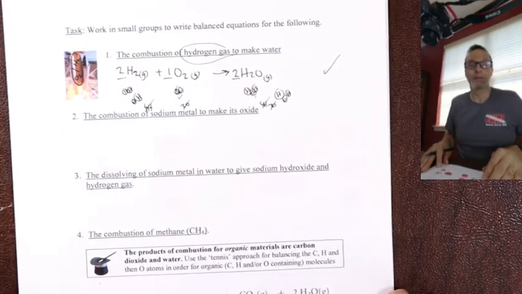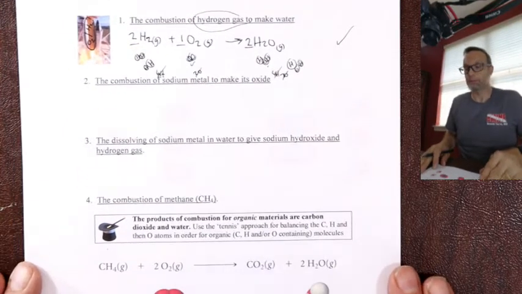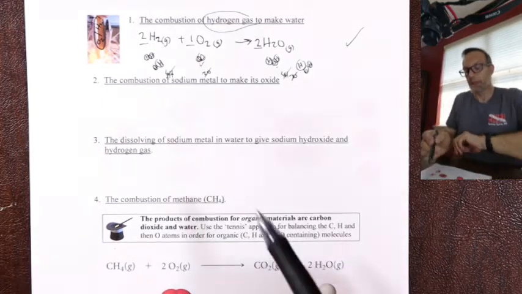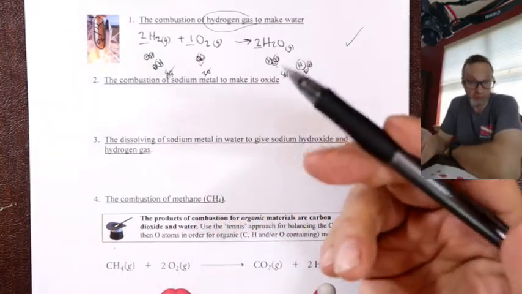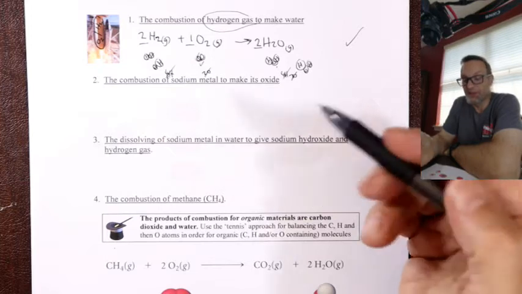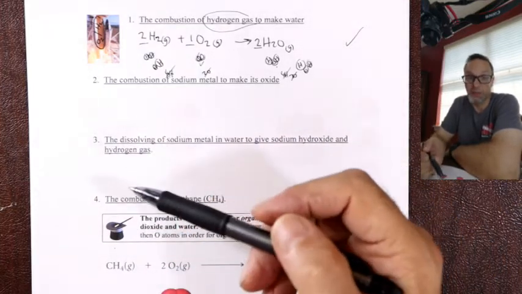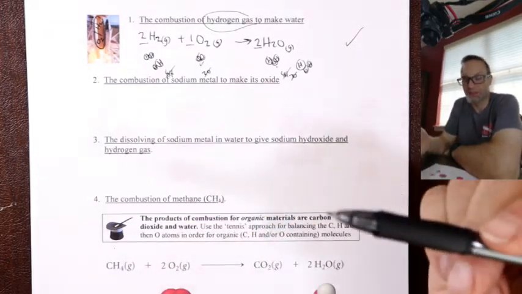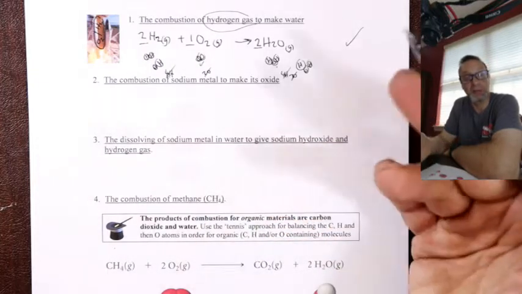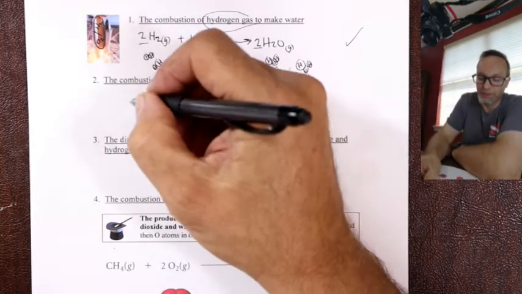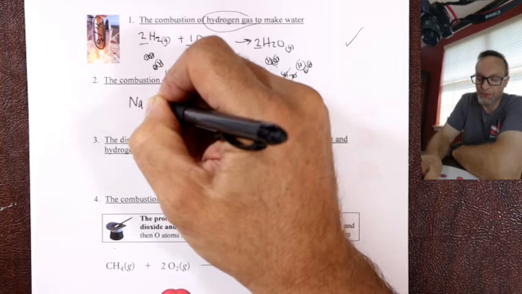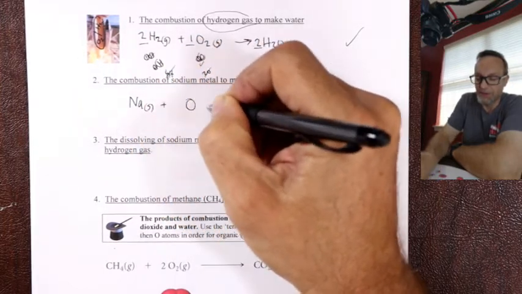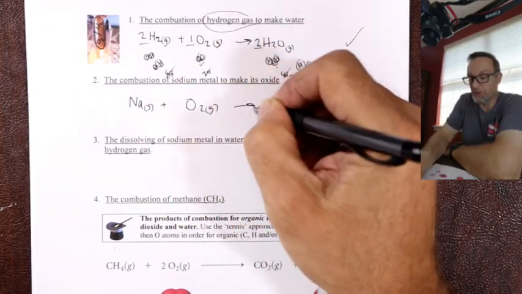Now, whenever you combust something, as we mentioned, you make its oxide, right? So it's easy to write a word equation. Just burn something, you make its oxide. And if it's a metal, it's going to be an ionic product. So combustion of sodium, Na, solid, plus oxygen, you're tempted to write what?